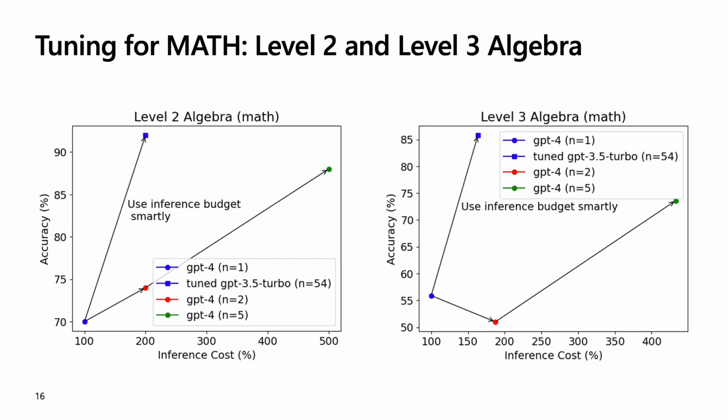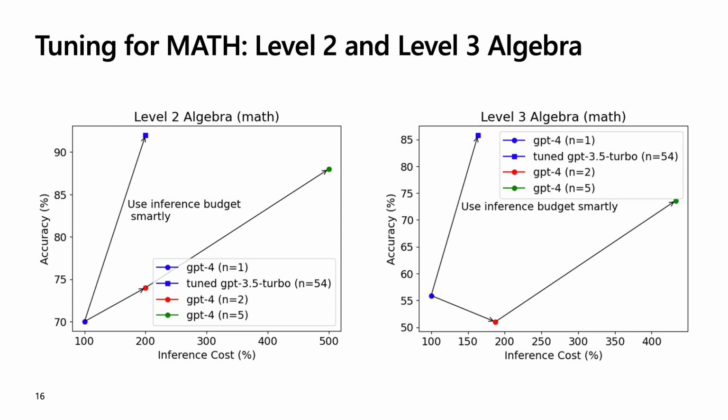The first figure shows the average accuracy and average inference cost of each configuration on the level 2 algebra test set. Surprisingly, the tuned GPT-3.5-turbo model is selected as a better model, and it vastly outperforms untuned GPT-4 in accuracy, 92% versus 70%, with equal or 2.5 times higher inference cost.